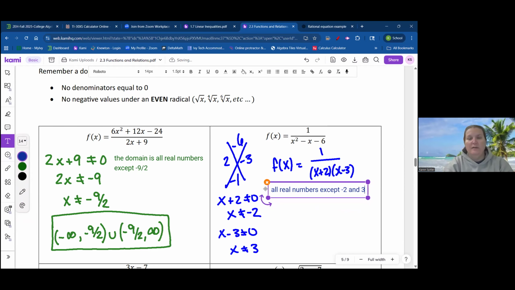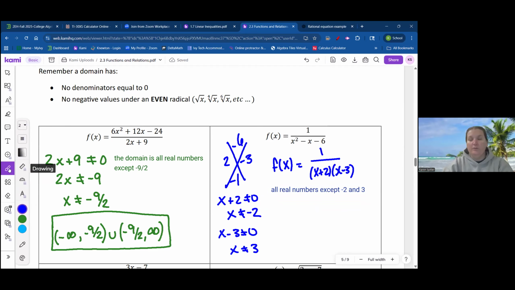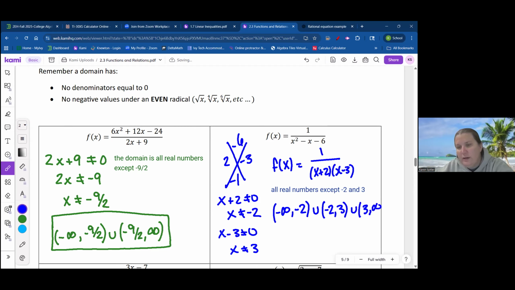And your job is now to put that in interval notation. All real numbers start at negative infinity. So negative infinity to negative 2, in union with, because we're skipping stuff, negative 2 to 3, and union with 3 to infinity.